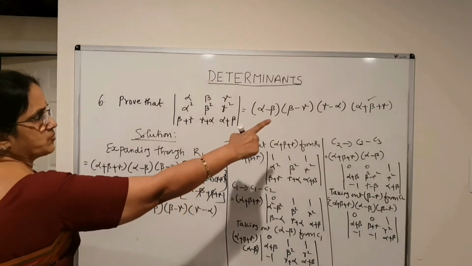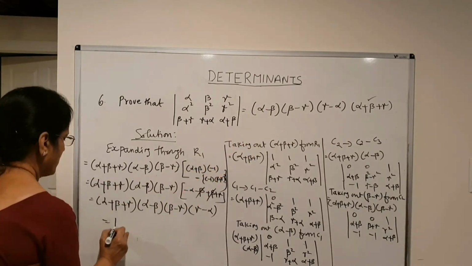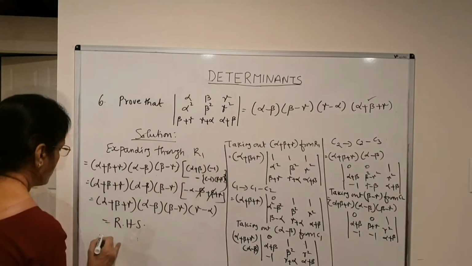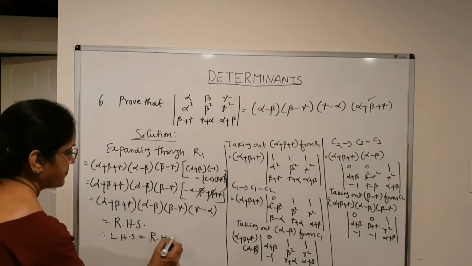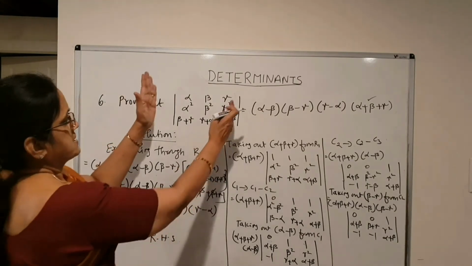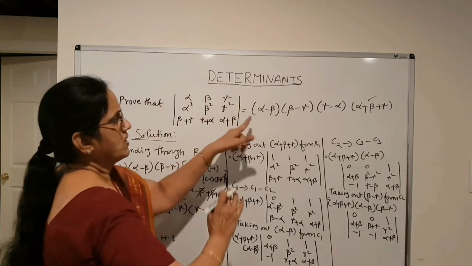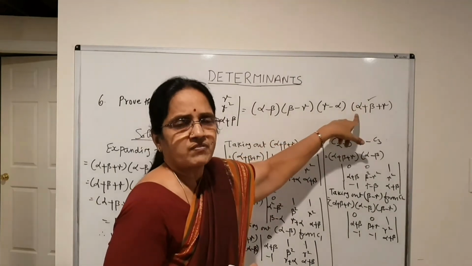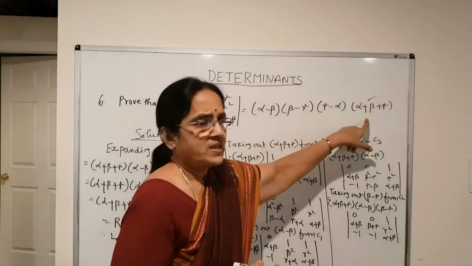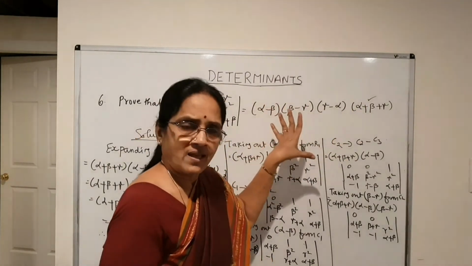That is what I need to prove, which is equal to RHS. Therefore, LHS equal to RHS. Hence, this determinant is equal to alpha minus beta into beta minus gamma into gamma minus alpha into alpha plus beta plus gamma. This is how you will be concluding your answer.